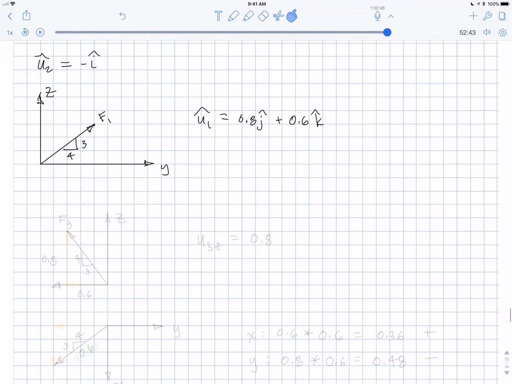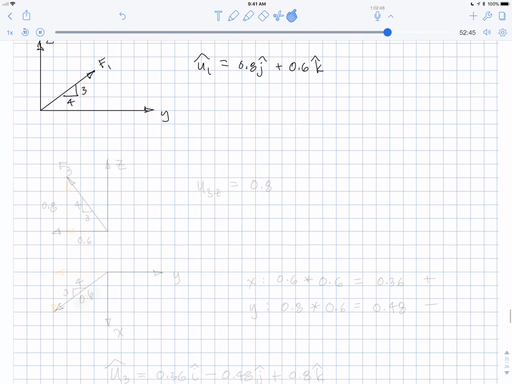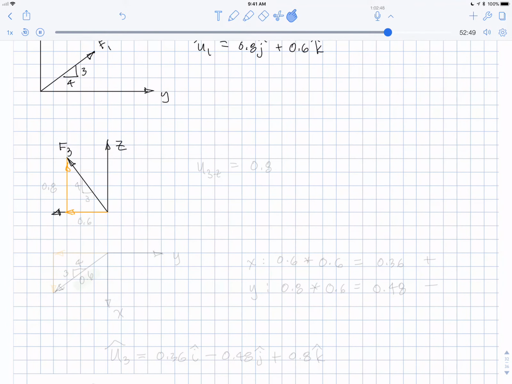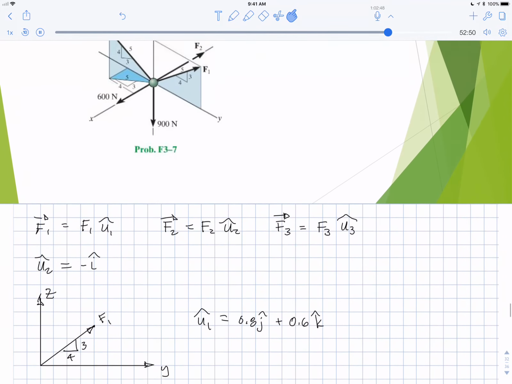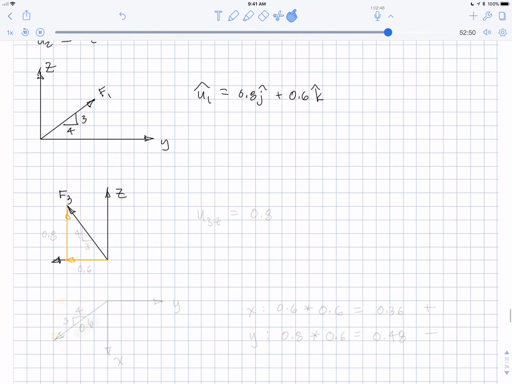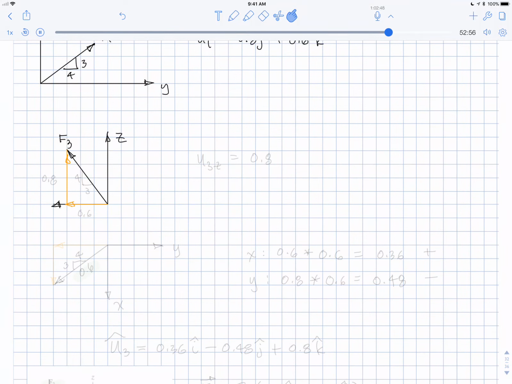Lastly, let's get the unit vector for force 3. Looking at the side view of this vector, it's also a 3, 4, 5 triangle, but this time 3 on the horizontal axis. You can see that the z component of a unit vector will be 0.8.